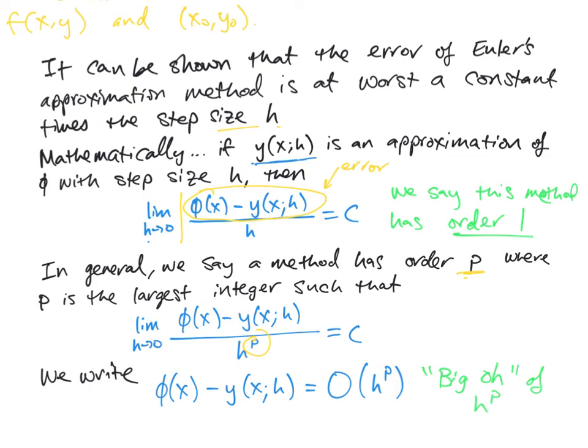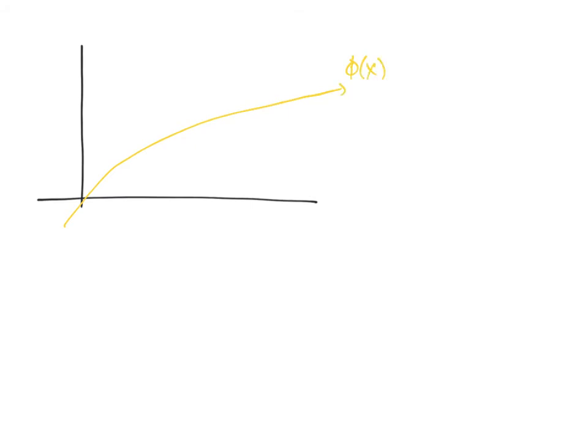So in order to do that, I'm going to derive Euler's method again in a slightly different way. So let's think back to what the problem is that we have. We have our xy axis, and we have some function phi of x that we are trying to approximate. Now let's say that we already know one point on phi. Let's say we have our xn, and then this point here is going to be phi of xn.